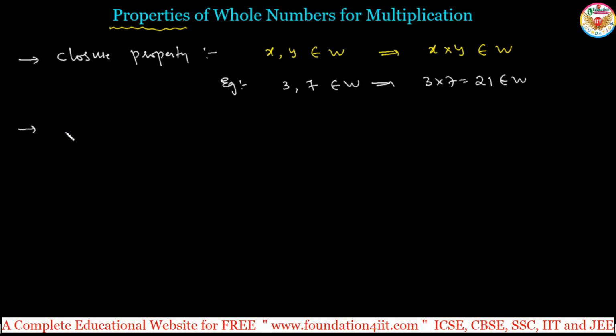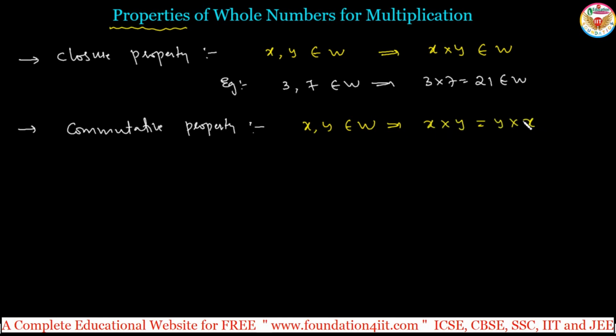Next one, commutative property. When you come to the commutative property, if x and y are two whole numbers, then x into y is equal to y into x, right? x, y belongs to whole numbers. Then x into y is exactly equal to y into x.